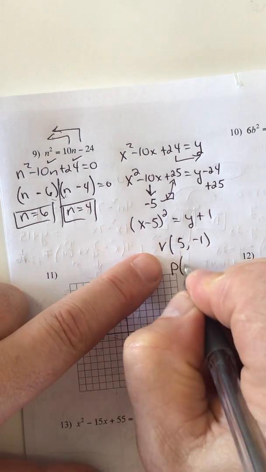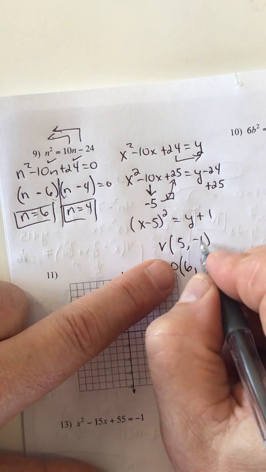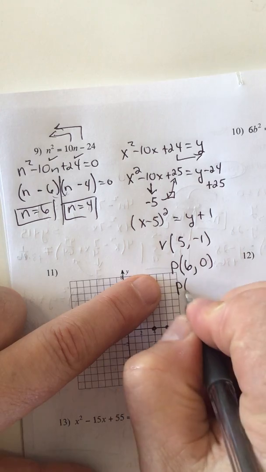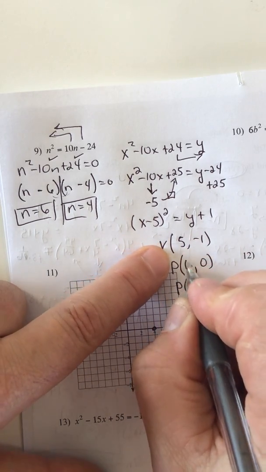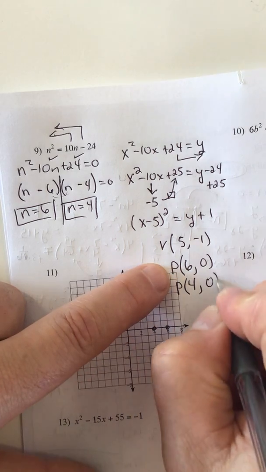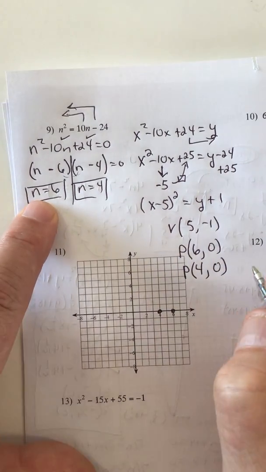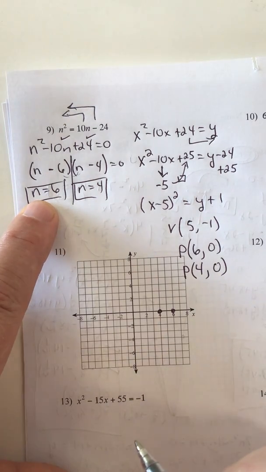Okay, the next point, go to the right, 6. So if I go over 1, up 1, so this will become 0. The next point, go the other side from the 5. So I went up from the 5, I'll go down from the 5. It'll still be up 1 from the negative 1, 0. And here are zero. Okay, notice those happen to be the zeros.